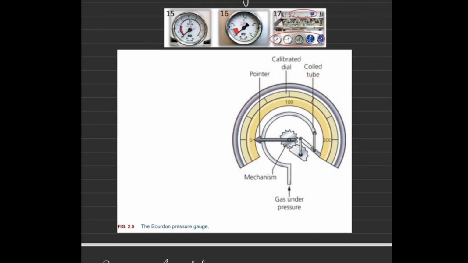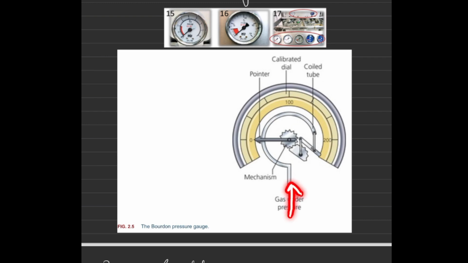When gas is opened, it will travel through this coiled tube. Due to pressure, the coiled tube will slightly straighten out. Straightening of the coiled tube makes the pointer move on the calibrated dial, and this movement shows the pressure.